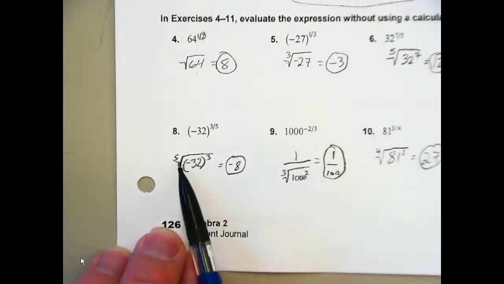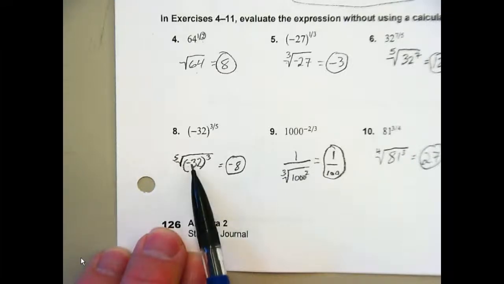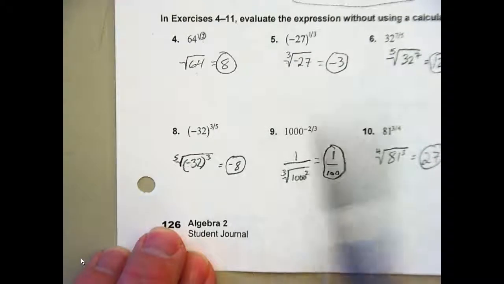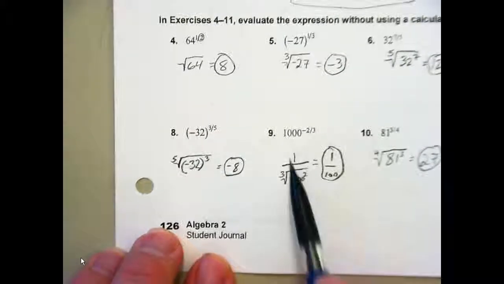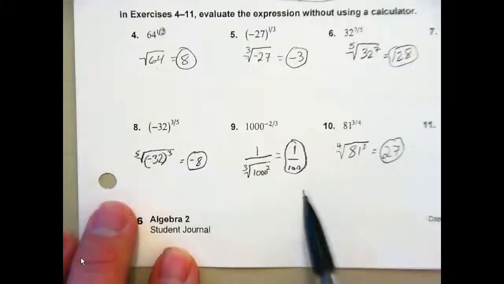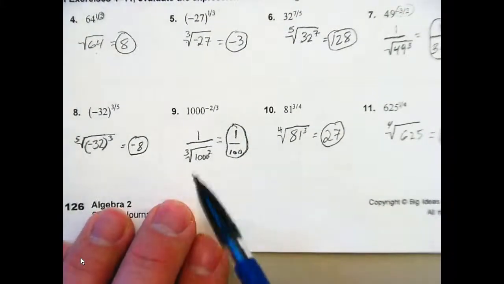Once again, you can take an odd root of a negative number. Can't get an even root of a negative. Okay? Because a negative times a negative times a negative gives you a negative. Okay. Number 9 is 1/100th. Same kind of idea as number 7, where you'd have to move that to the bottom.